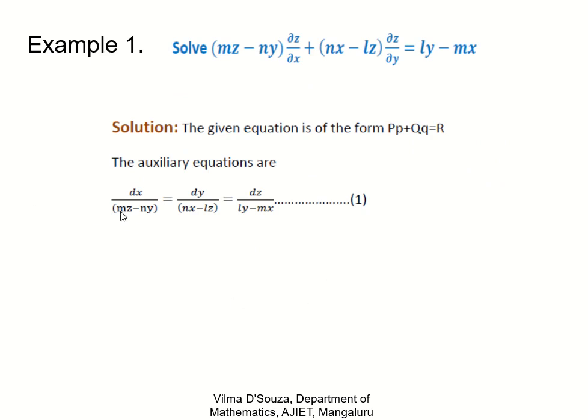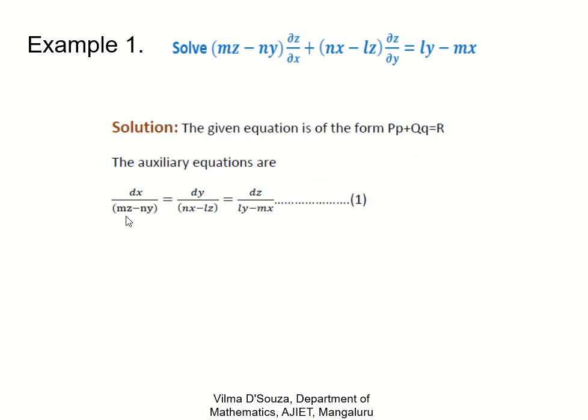As I told you, you can observe here, you have mz and here you have lz. So if you multiply this by l and this by m, lmz, and this will be lmz. So multiply this by l, this by m, and this by n.